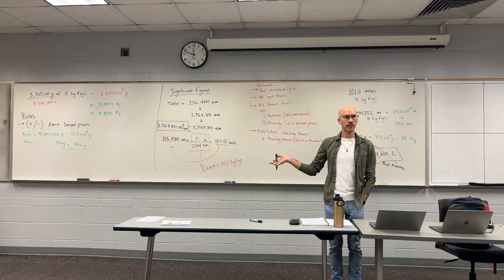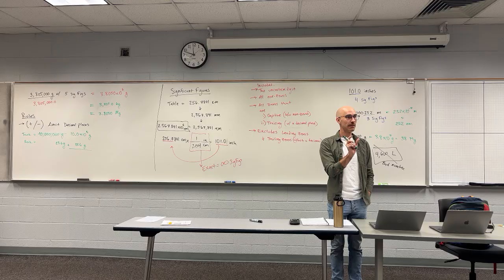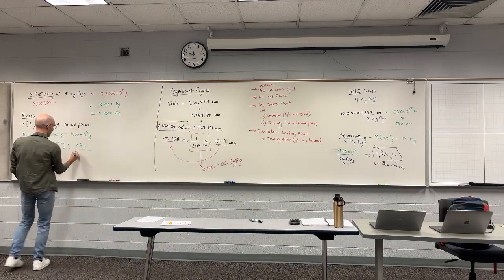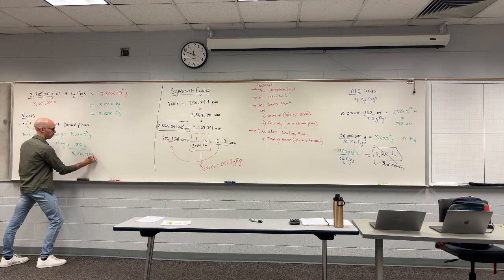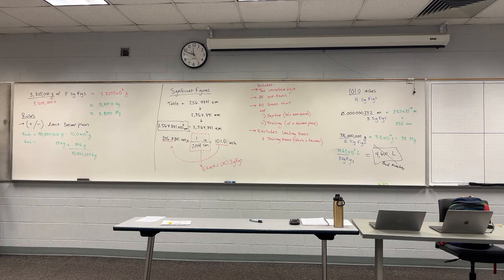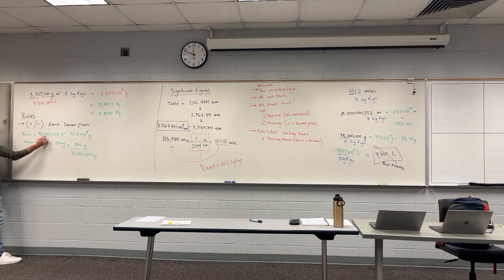Well, 10 million plus 25.6, correct? But I'm limited in my significant figures by the decimal place. So the answer would have been 10 million, 25.6 grams. But in 10.0 times 10 to the 5, this is my least amount of decimal places, the 100,000th place.